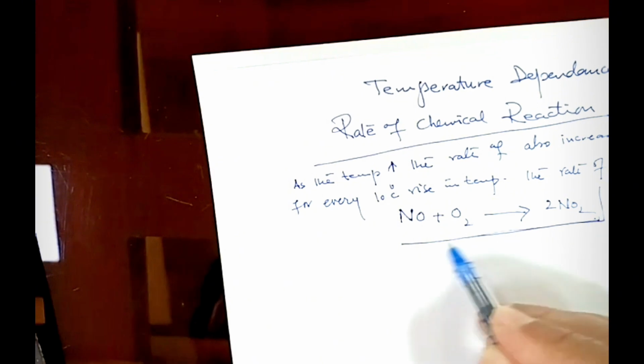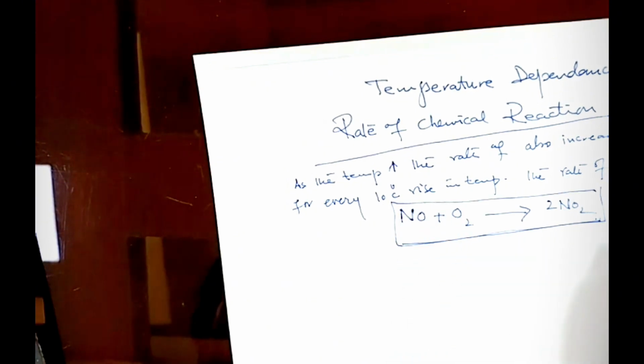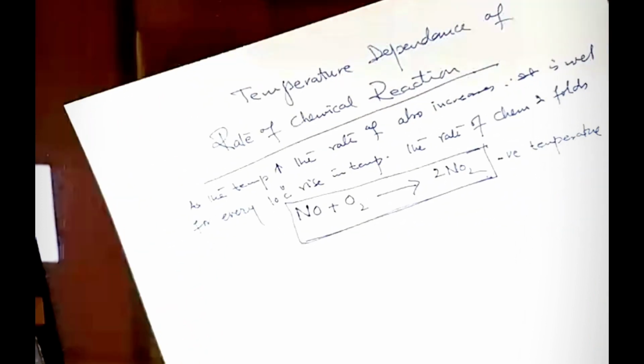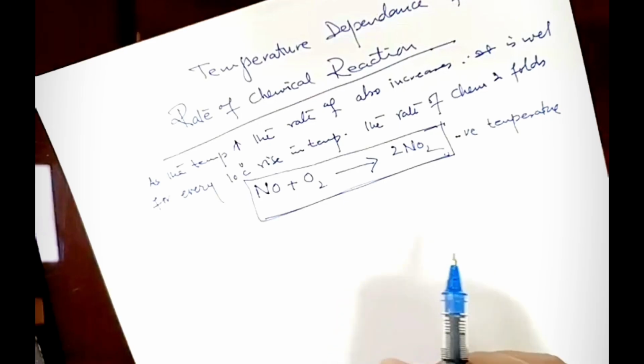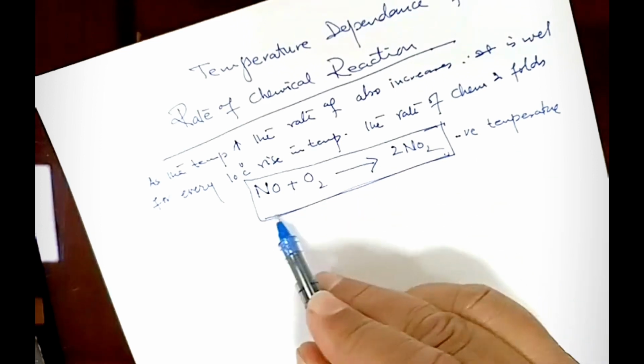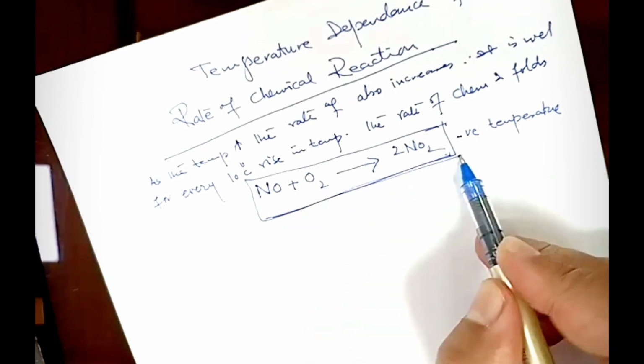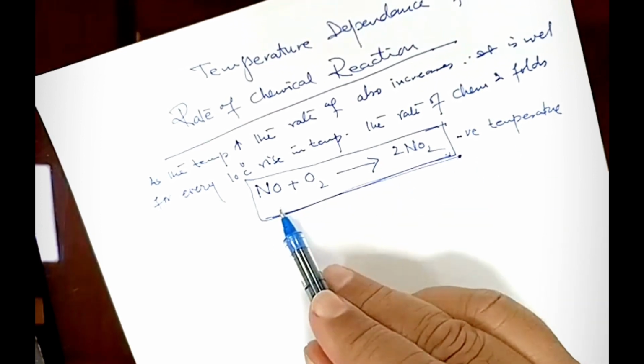So this is the reaction that shows negative temperature coefficient. So why does this show a negative temperature coefficient for the oxidation of nitric oxide?